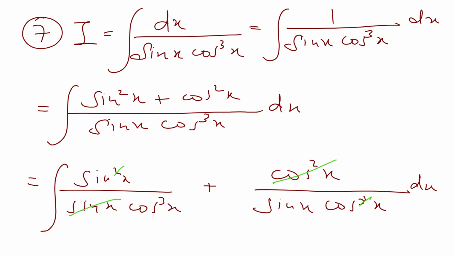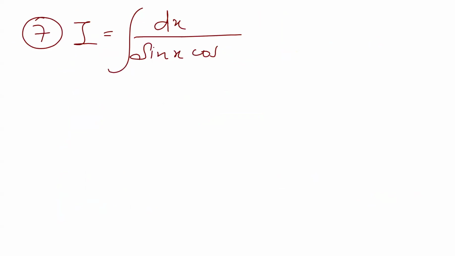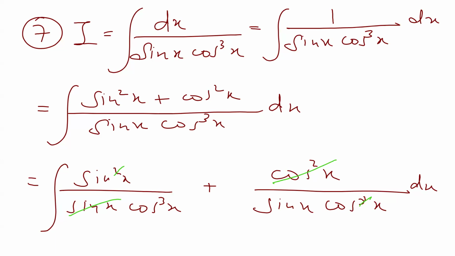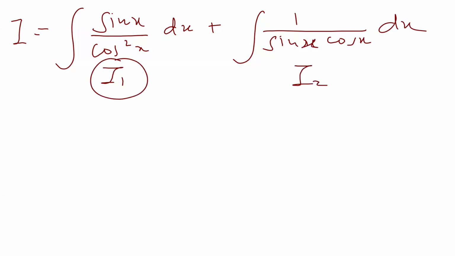So I'll just split this into two integrals, sin x upon cos cube x dx plus 1 upon sin x cos x. Let this be I1 and let this be I2.